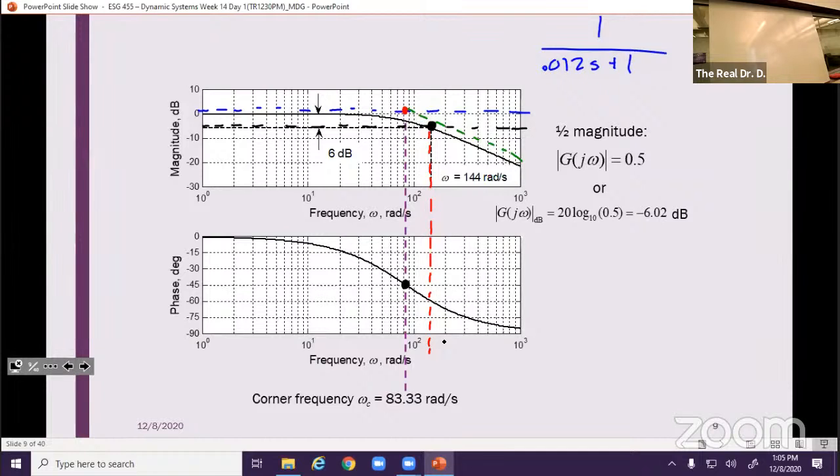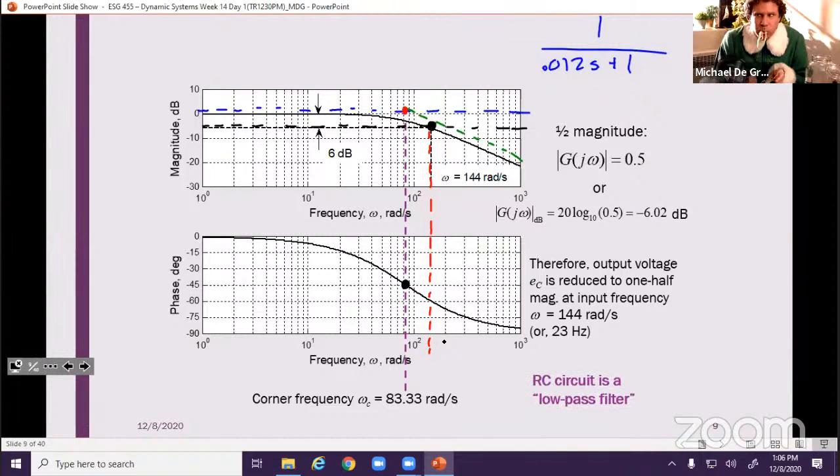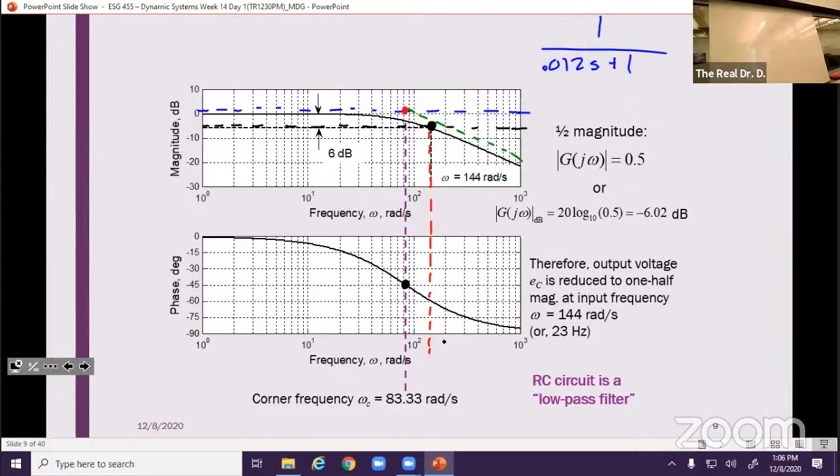We can also do stuff like this, and this is interesting because it brings in the natural dynamics of this system, right? The output voltage is reduced by 1/2 at 144 radians per second, which is 23 hertz. And this is a low pass filter, right? Why is this a low pass filter?